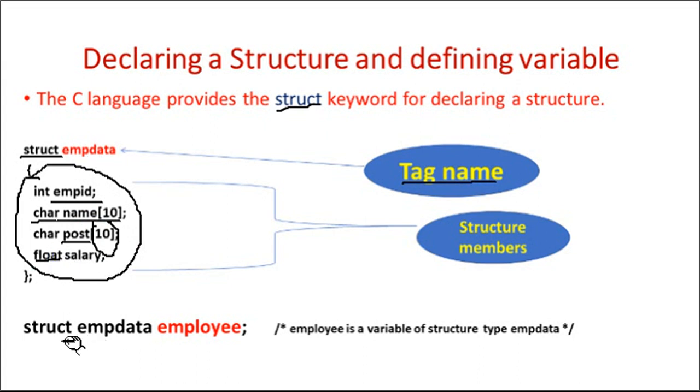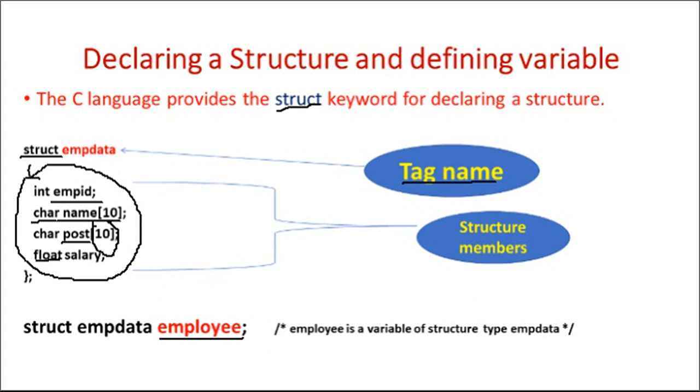This is how the structure is declared, and for the structure we are defining the variable here. That's what this particular line is: struct emp data, the structure and its tag name along with the variable name. This variable will be able to access all the members of the structure, a total of 4 members.